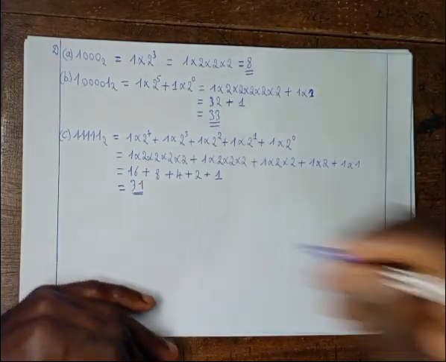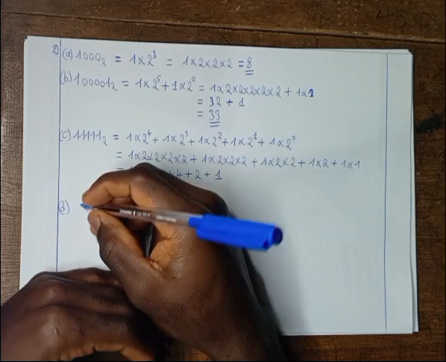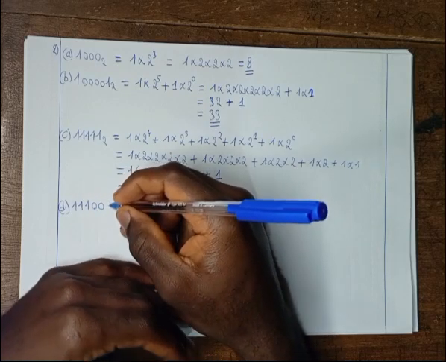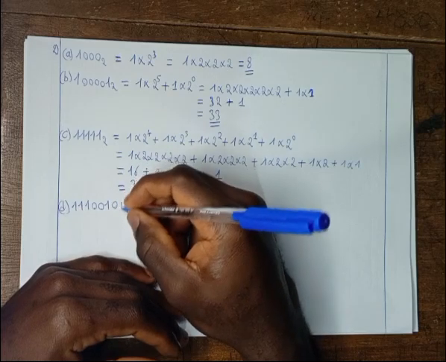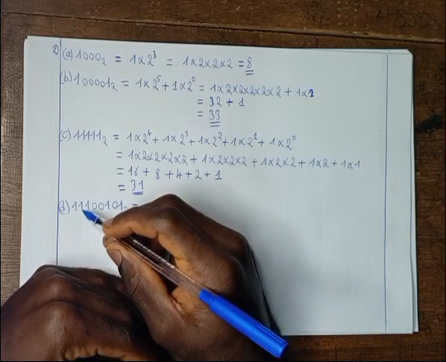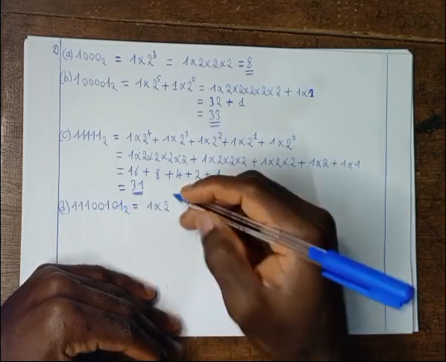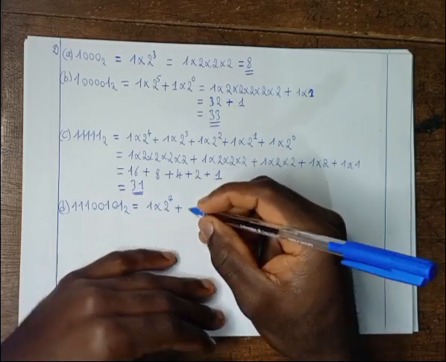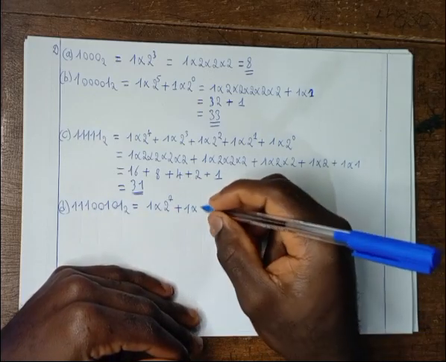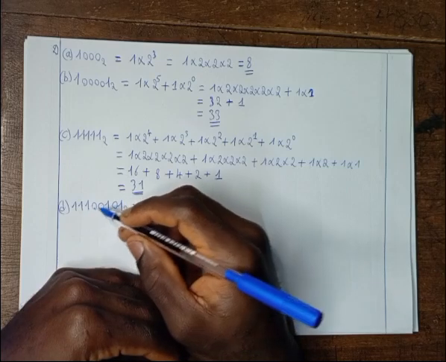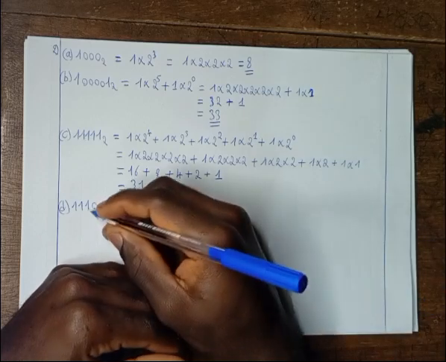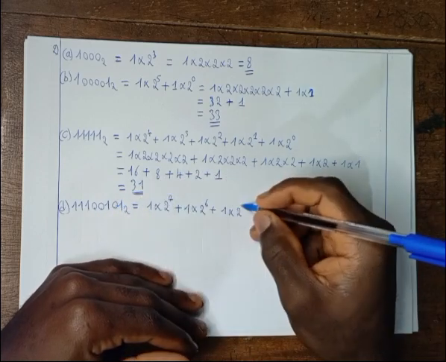Next, now we go to D. For D, we have the number 1, 1, 1, 0, 0, 1, 0, 1 in base 2. This will simply give us 1 times 2 to the power 7, plus 1 times 2 to the power 6, plus the next 1 times 2 to the power 5.